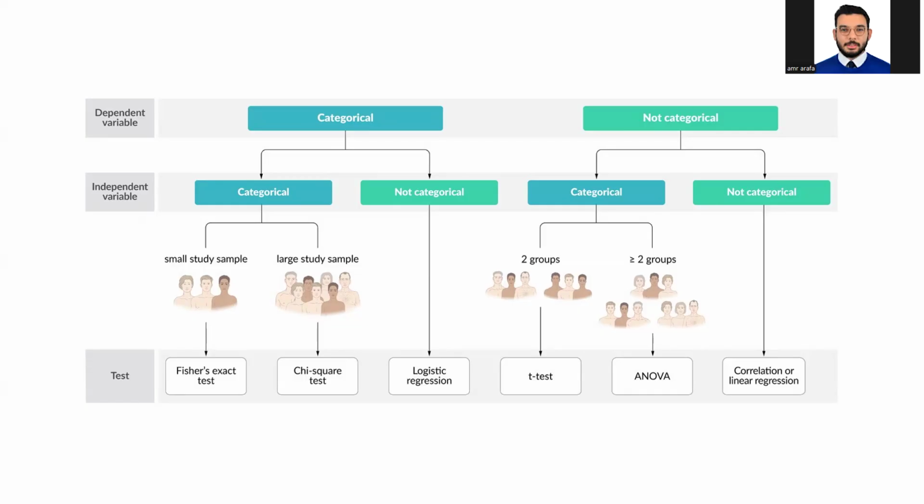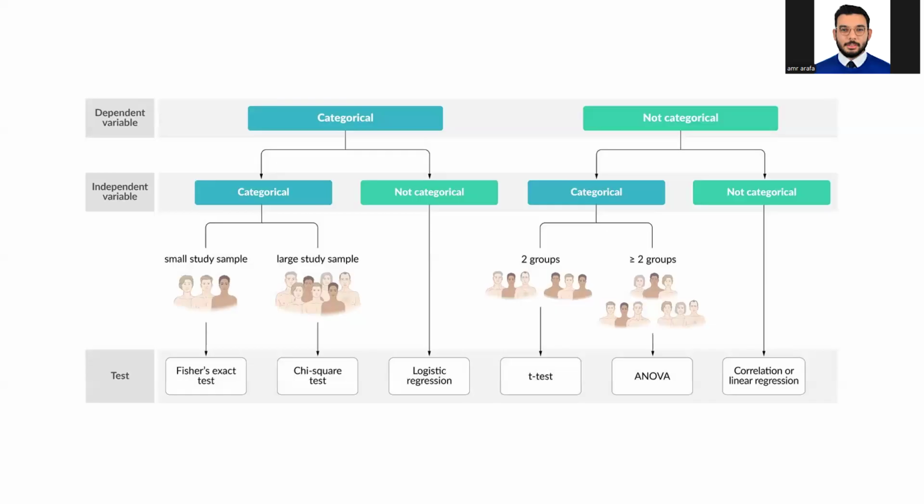But just keep in mind that usually you're going to have a situation where the dependent variable and independent variable are both categorical, and they're going to ask you what to use, and you're going to use the chi-square. That's the most common thing. But if your dependent variable, what you're measuring, is categorical, and what you're using is not categorical, you can use the logistic regression.